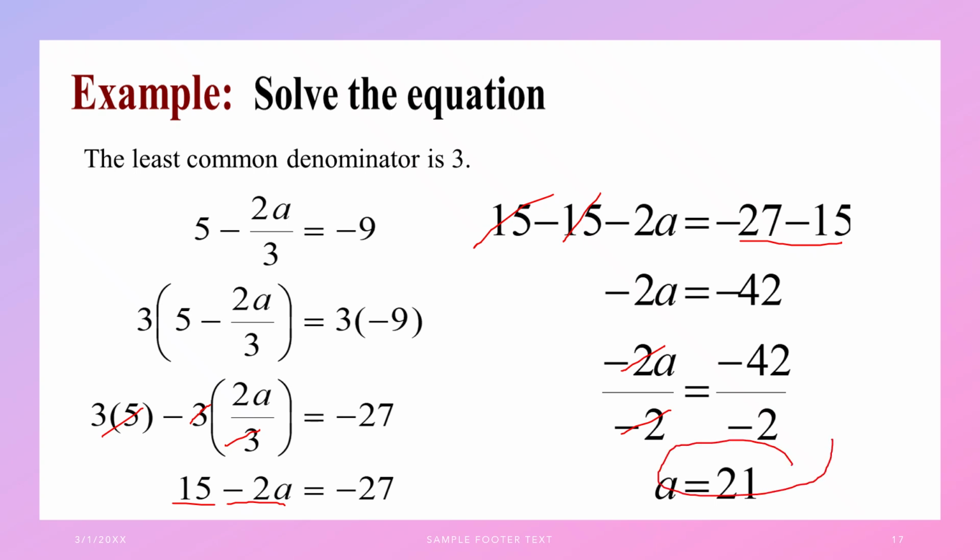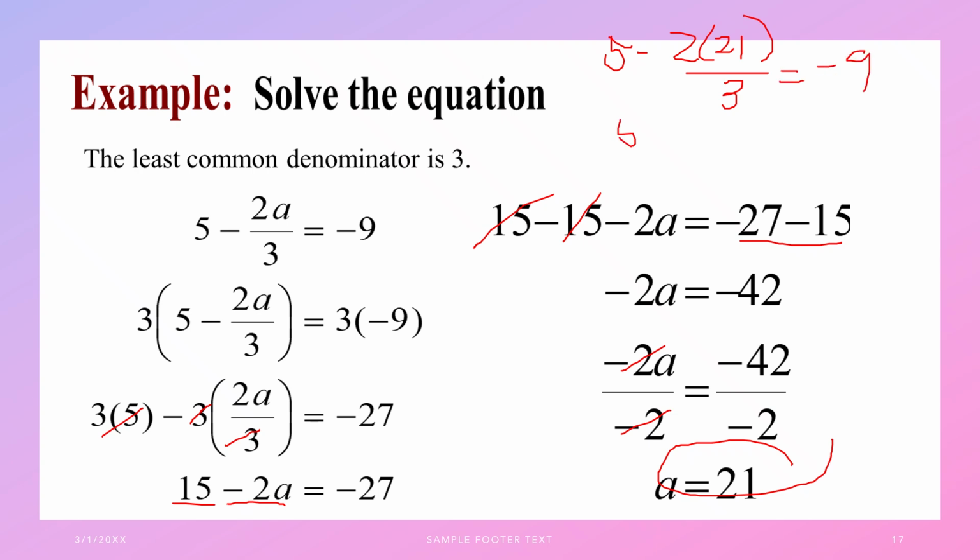How do you know that your answer is correct? You go back here. To check your solution, we have 5 minus 2 times 21 divided by 3 equals negative 9.